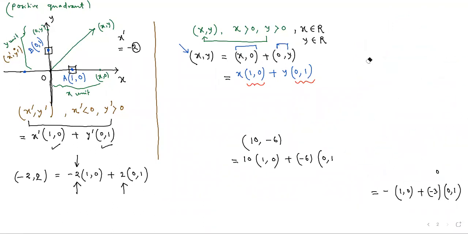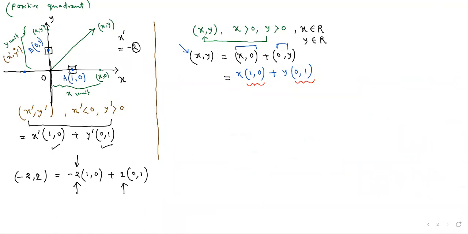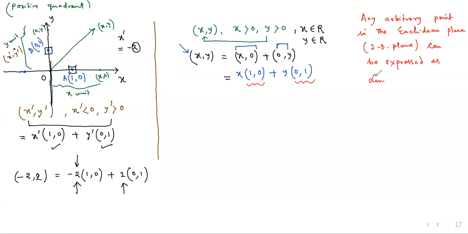Our first observation is this, that any arbitrary point in the Euclidean plane, which is synonymous with the two-dimensional 2D plane, can be expressed as a linear combination of 2 vectors.